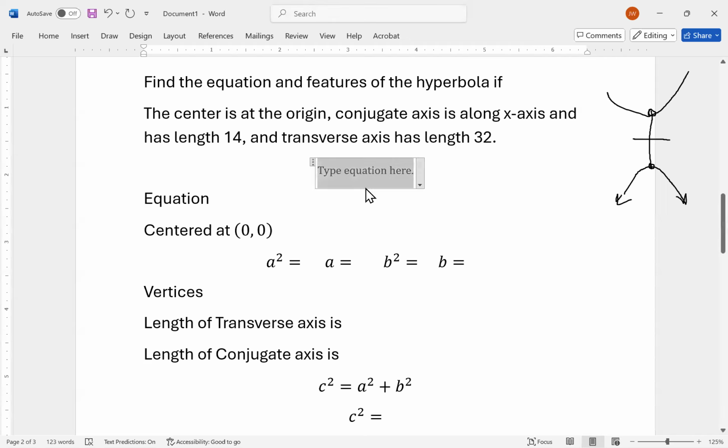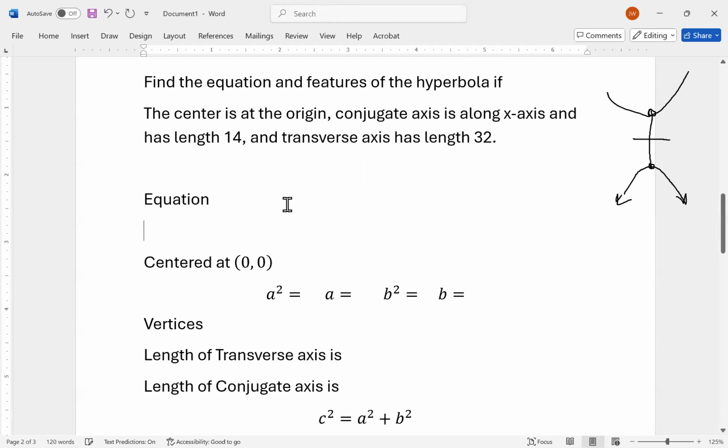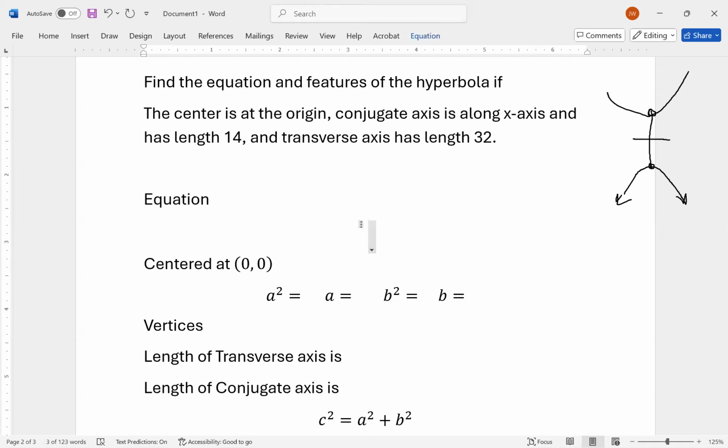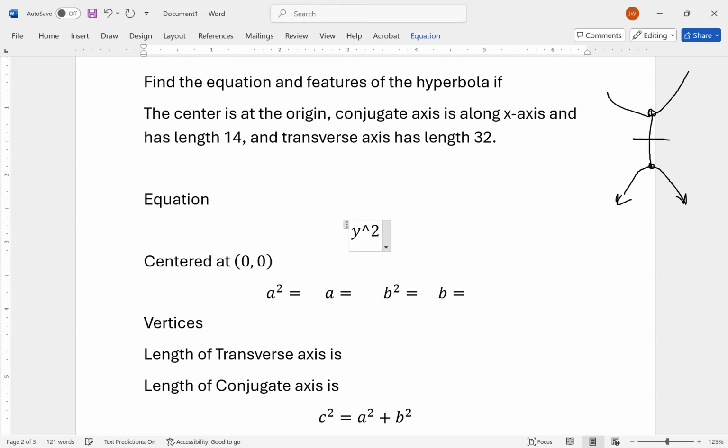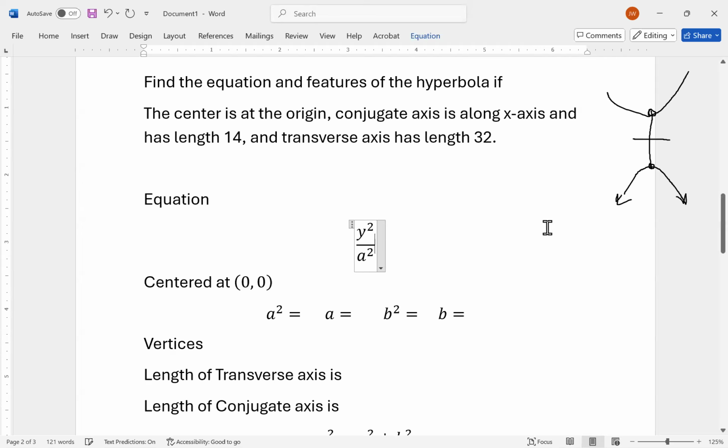Which means the equation that we're going to get is going to have the y component as the positive component, and the x component of the equation is going to be the negative component. Y squared over a squared minus x squared over b squared is equal to 1.